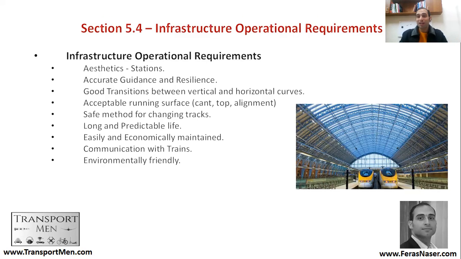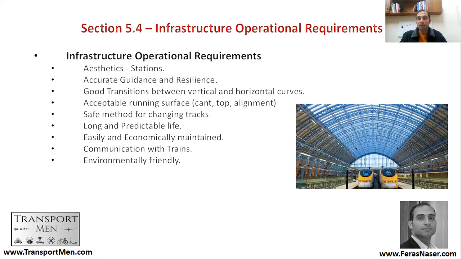For example, changing tracks in a slab track would be much harder, by, for example, changing the whole substructure, not only the track itself, in comparison with doing it for ballast track.